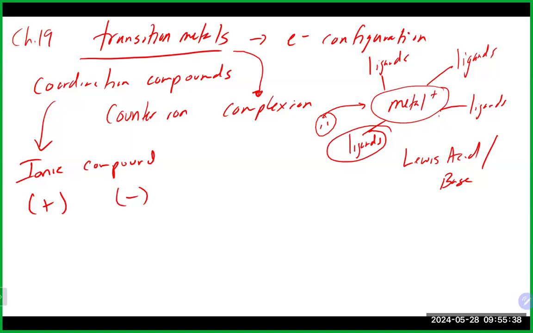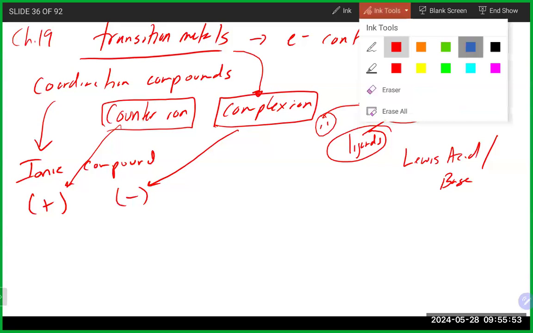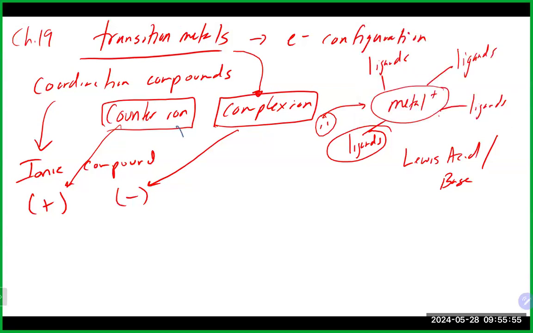And with that being said, that means that you really could have a counter ion that is positive, and you can have a complex ion that is negative, or really vice versa. It can really be either way. You could have the counter ion actually being negative and the complex ion being positive. So it is possible to basically have either one of those being positive or negative.